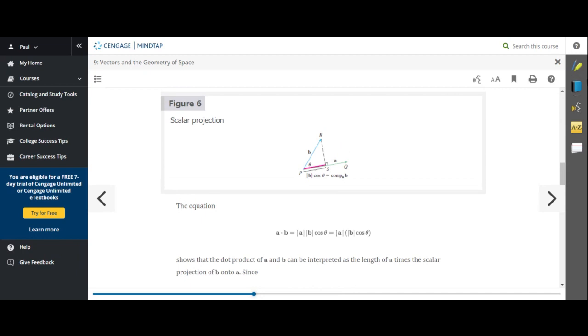That's how you get your component of the projection vector.